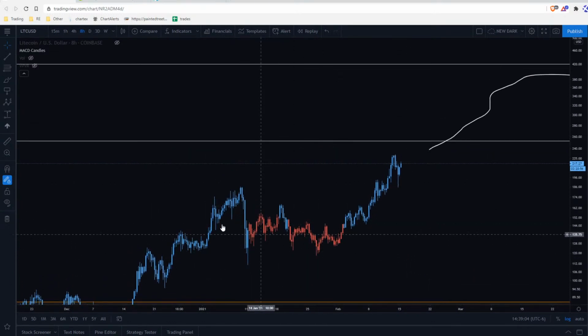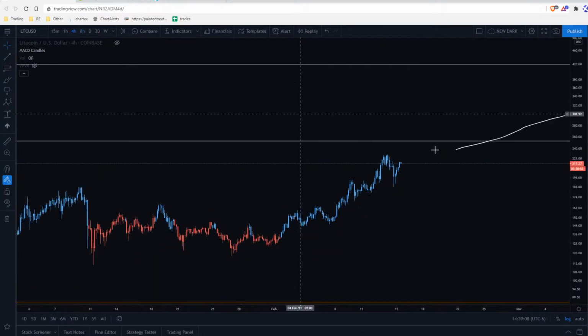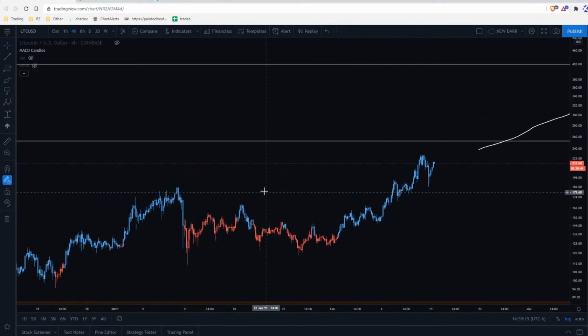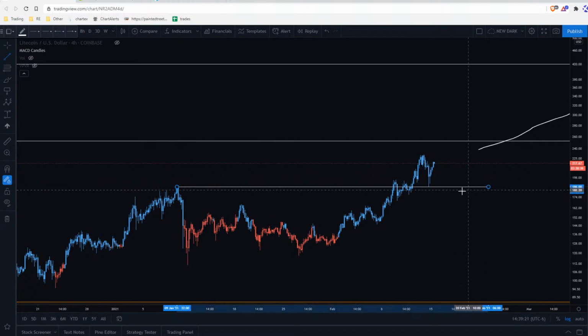So this is all an accumulation right here. Not much to chart here. This is probably a flat, and we're probably headed up. There's a nice little SR flip there.